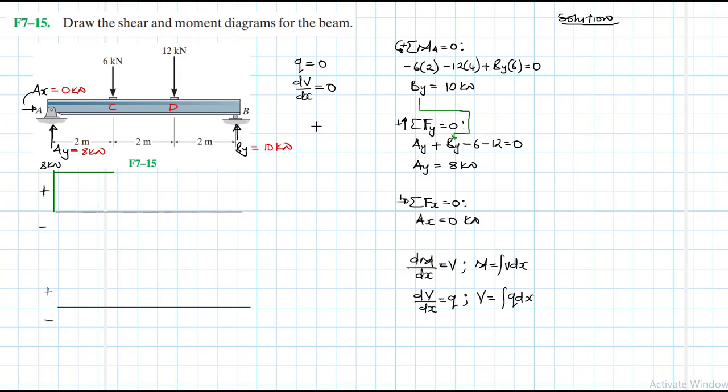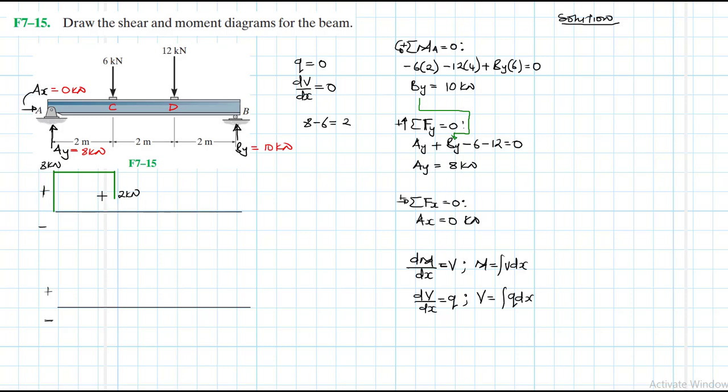So the two are going to interact. So we have 8 minus 6 equal to 2. So the shear at that point is going to reduce by 6 units, and its final destination will be 2 kilonewtons.